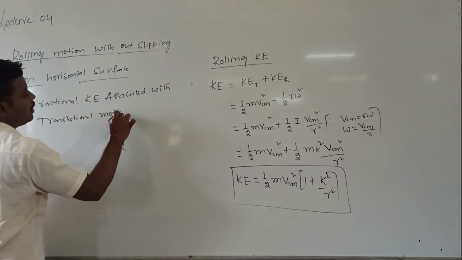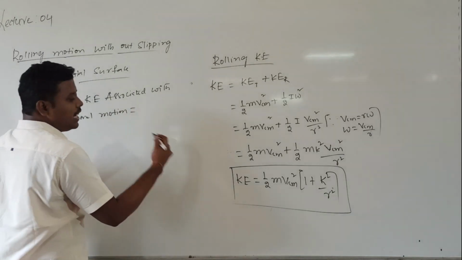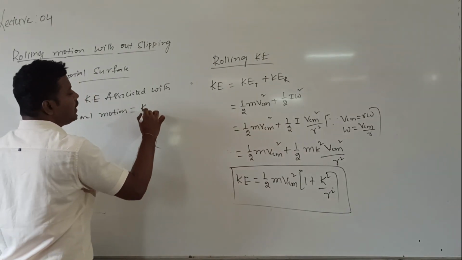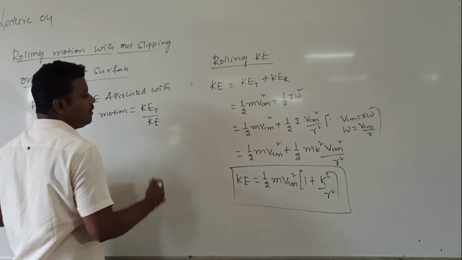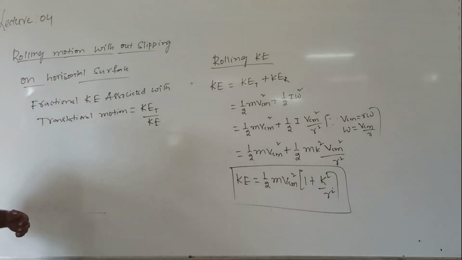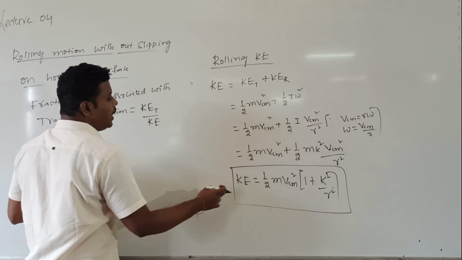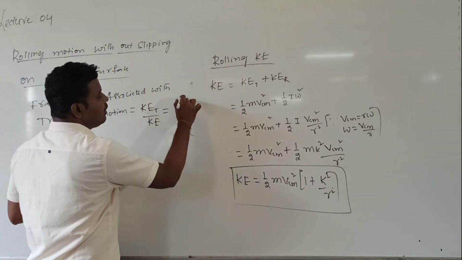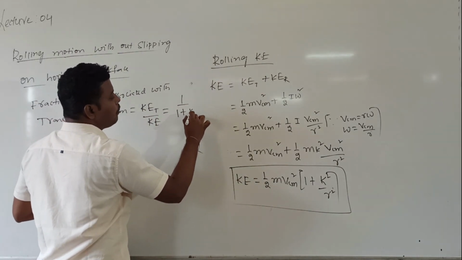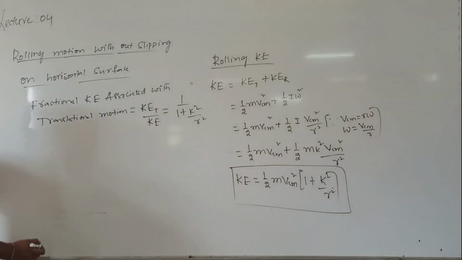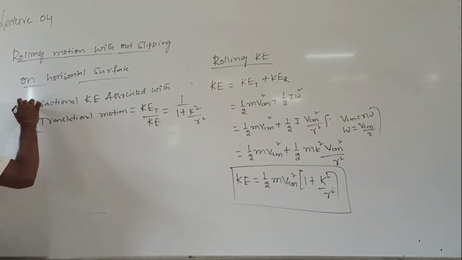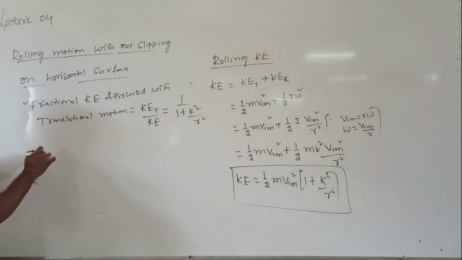That is nothing but translational kinetic energy divided by total kinetic energy. Correct? Translational kinetic energy means 1 by 2 m vcm square, divided by total kinetic energy. I will get the answer 1 by 1 plus k square by r square. After simplification, I will write directly. This formula is very important for doing numericals.